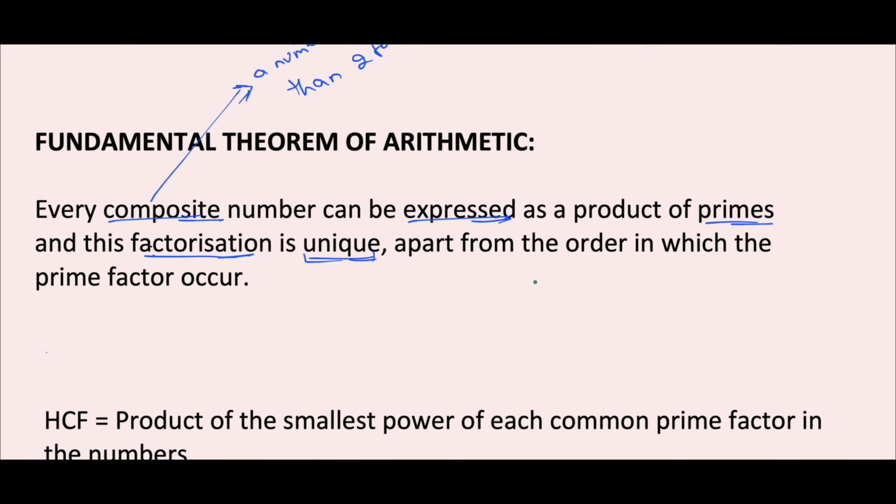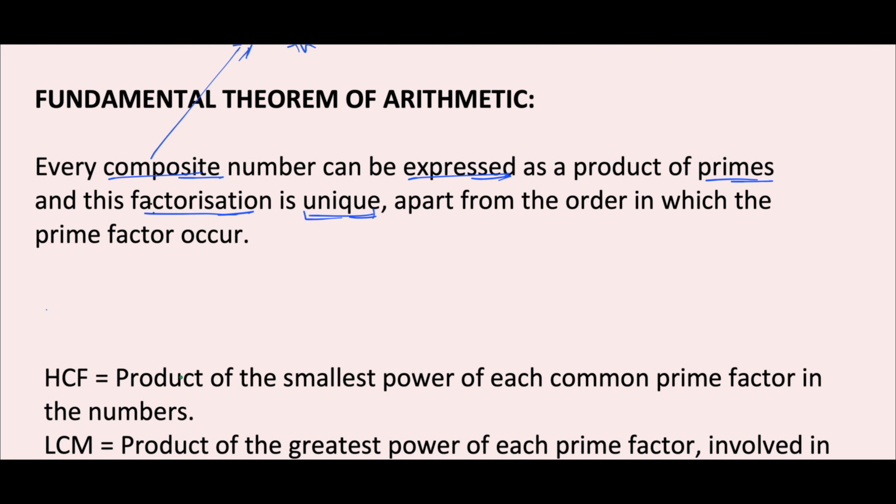Now, using the fundamental theorem of arithmetic, we can find the HCF of two numbers. And how do we find it? It is the product of the smallest power of each prime factor in the numbers. If there are two numbers and we have to find the HCF, what is the HCF? The highest number which divides the given numbers.